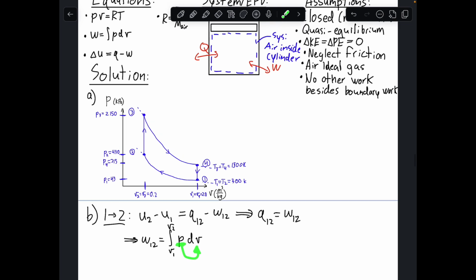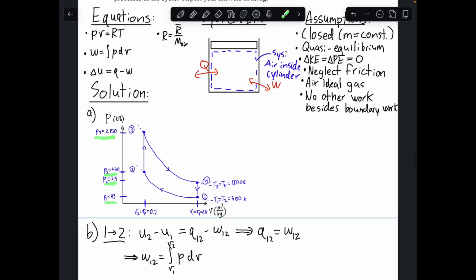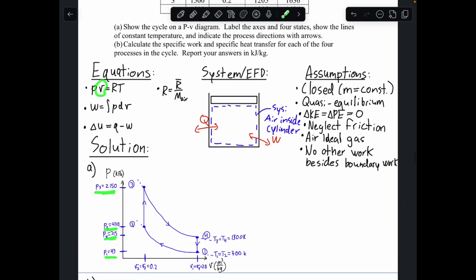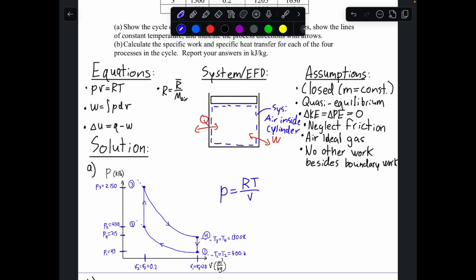And we did that earlier in the problem to find our pressure values at all of the states for part 1. What we found was we were able to rearrange this equation up here, our ideal gas law, by moving specific volume over to the other side and then solving for pressure. So if we write that form out, pressure is equal to R times T over specific volume.